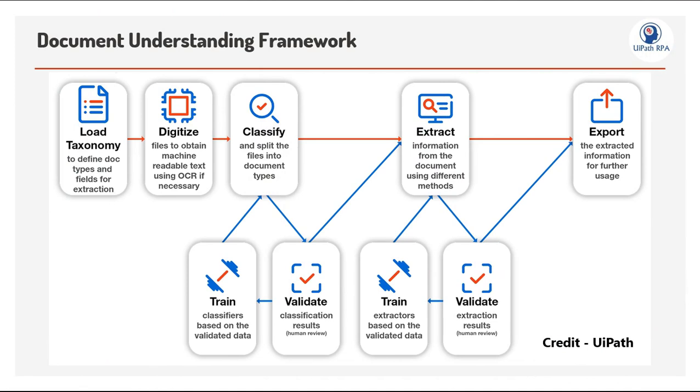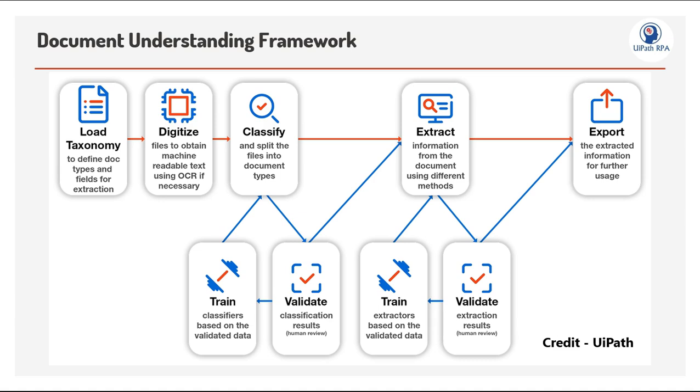This Document Understanding Framework is a 7-step process that transforms scanned or digital documents into structured, usable data. Imagine you are working in an office and every day you receive a bulk of documents like invoices, receipts, ID cards, purchase orders, etc. And your job is to process them, identify the document type, extract the useful information that is required to enter into your ERP system, SAP, or those accounting systems, and complete your job like that.